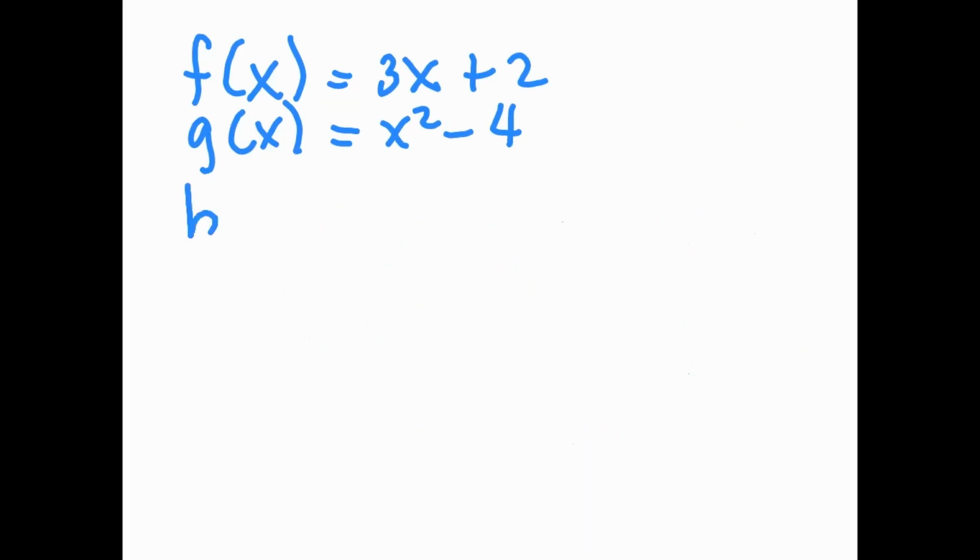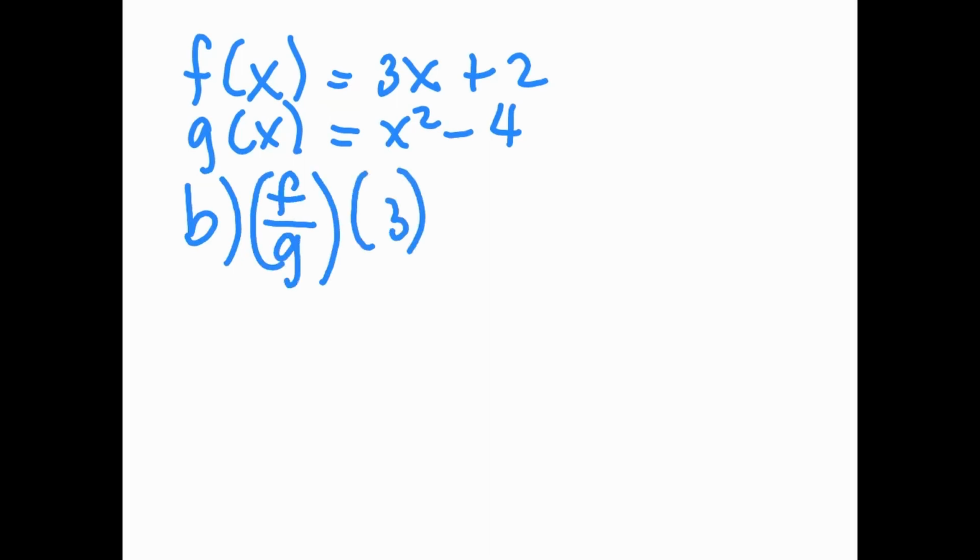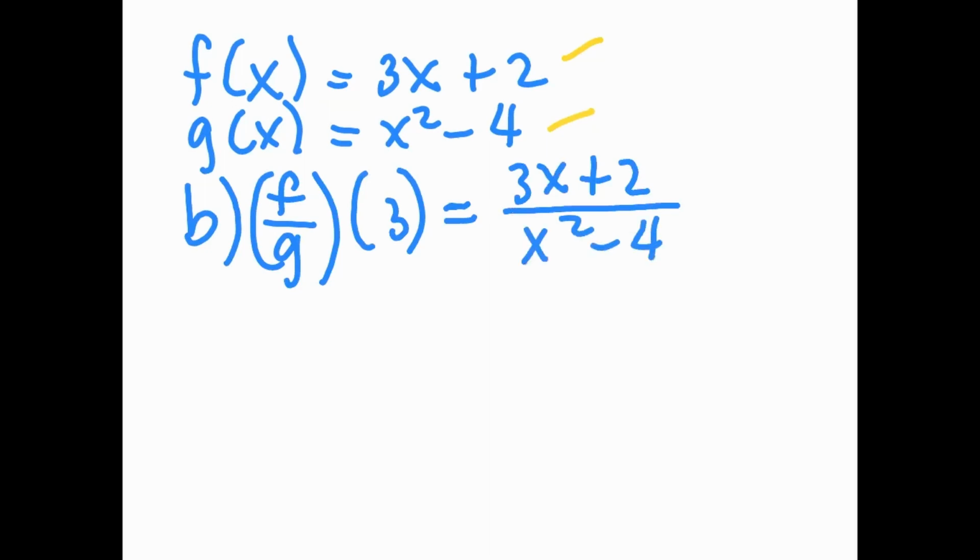Now we'll have letter B, which is f over g of 3. This will be equal to, f is given by this expression, while g is given by the second one. So this will now be the quotient 3x plus 2 all over x squared minus 4, right?